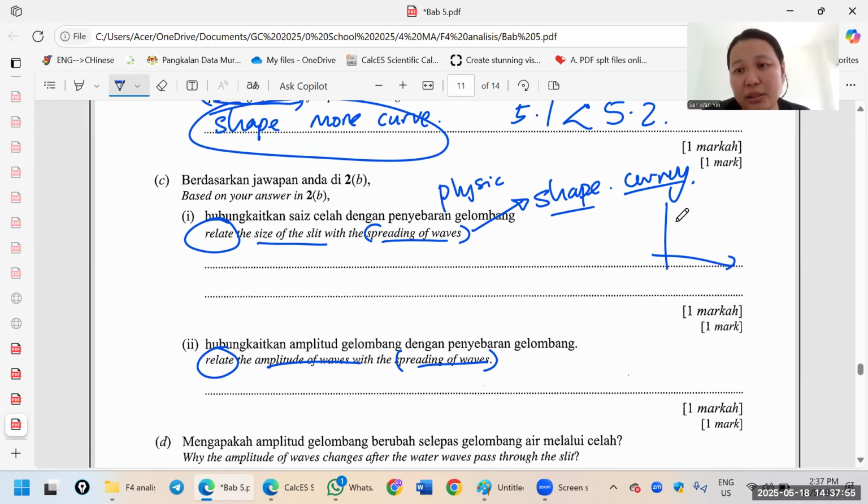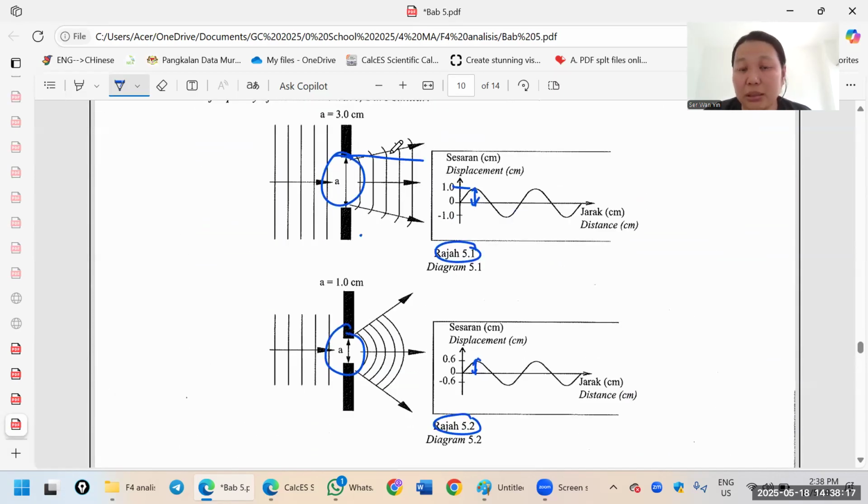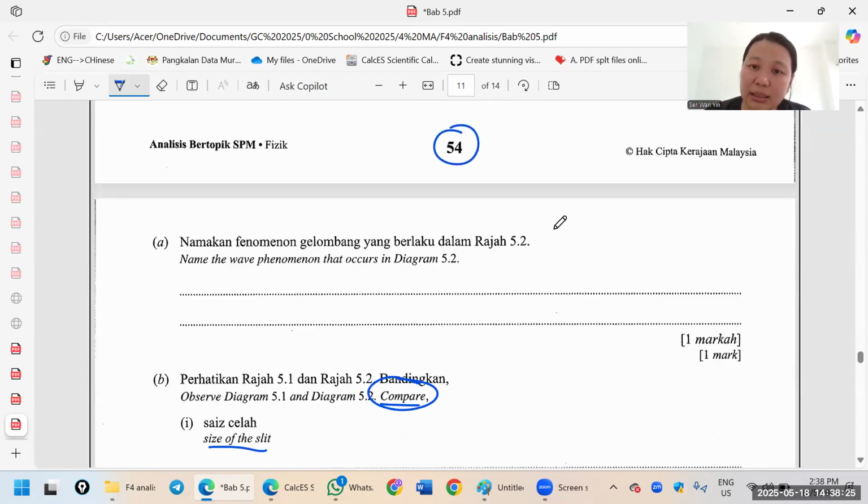Means it cannot be drawn as a graph, like size of slit and spreading. What are you going to measure? Cannot. Spreading. How? How curve? How are you going to measure? Actually, subjective, can measure. If you say it's an angle, the spreading angle, yes, can measure. But they don't say that.